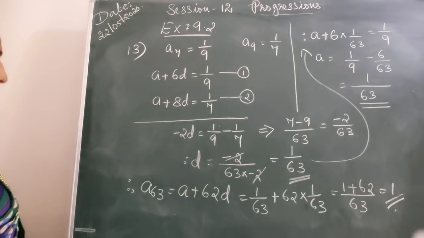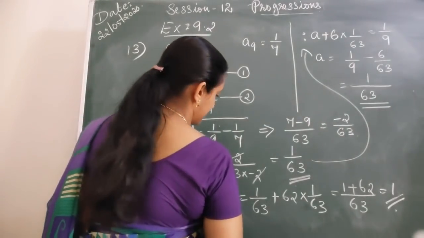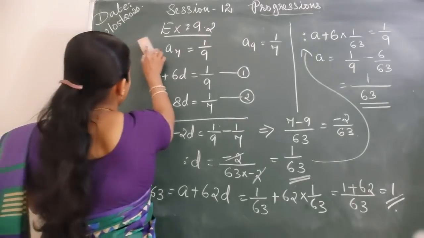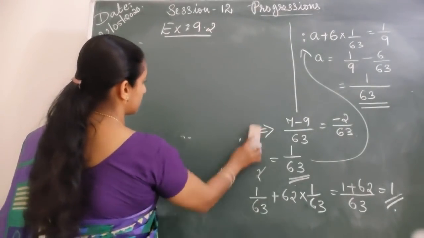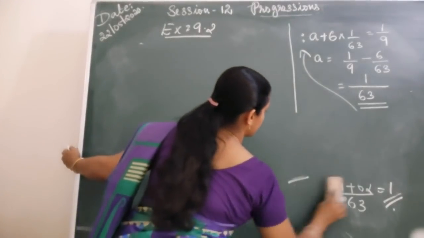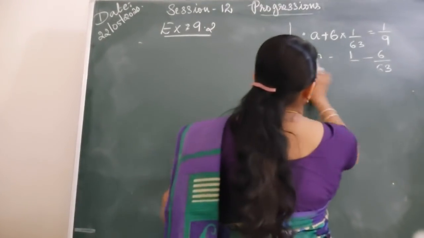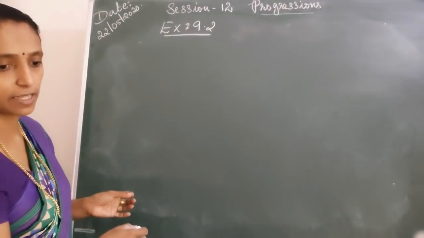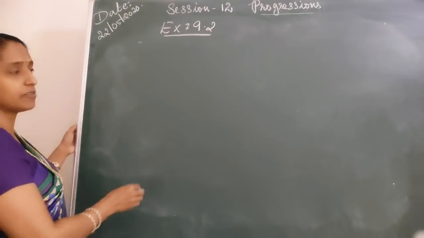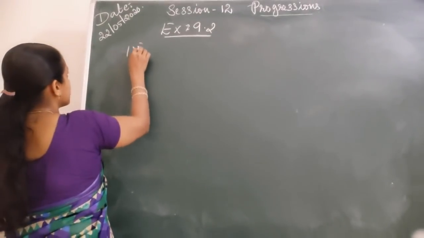Okay children, then go for question number 17. Question number 17, what is given? How many 2-digit numbers are divisible by 3?